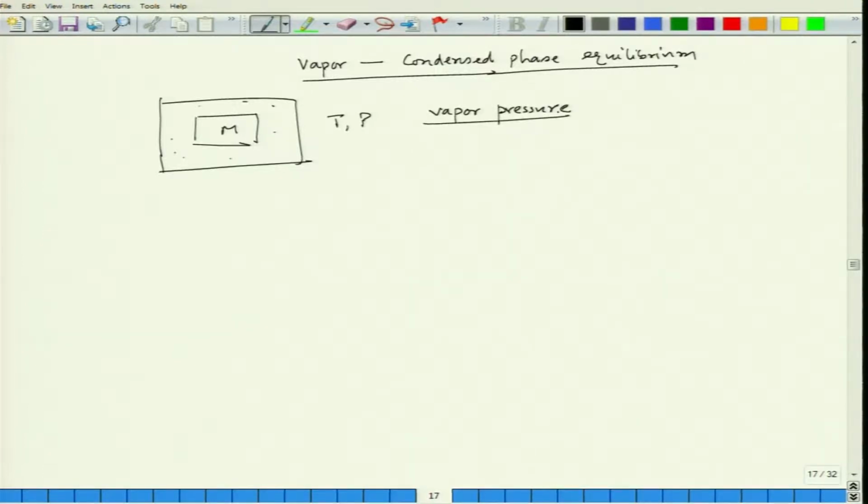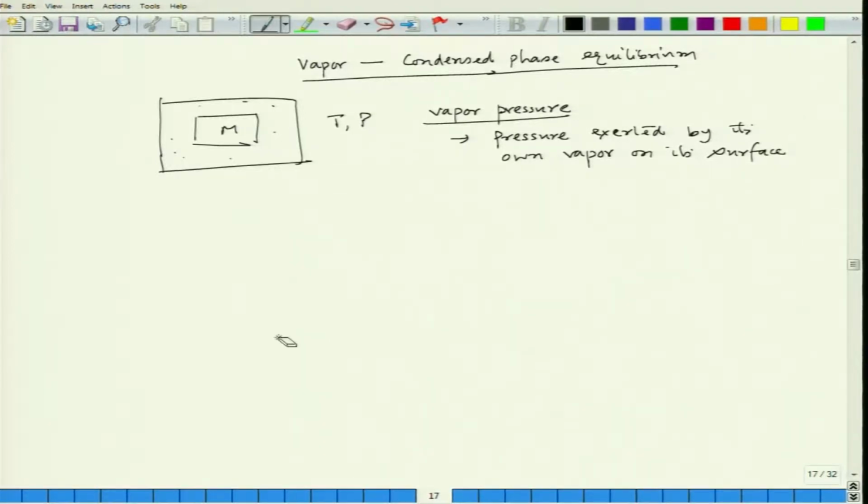And remember, this vapor pressure is coming due to the pressure exerted by its own vapor on its surface.